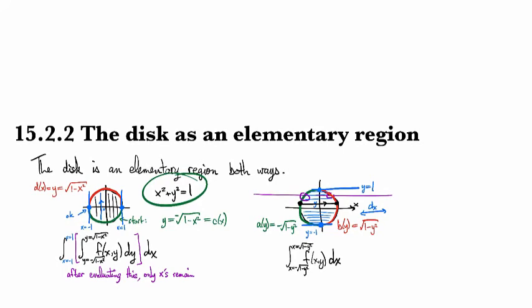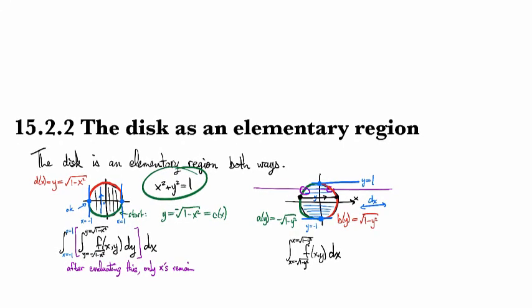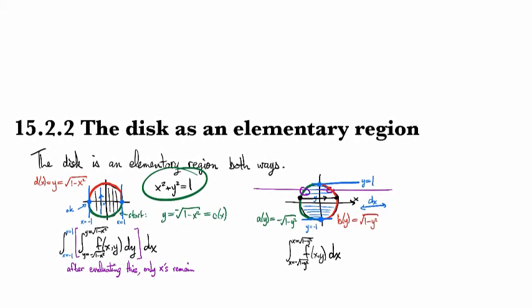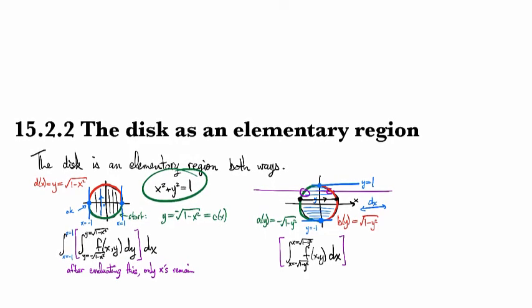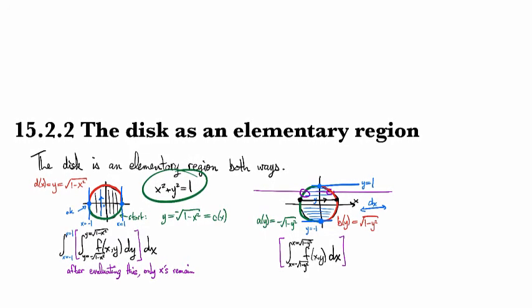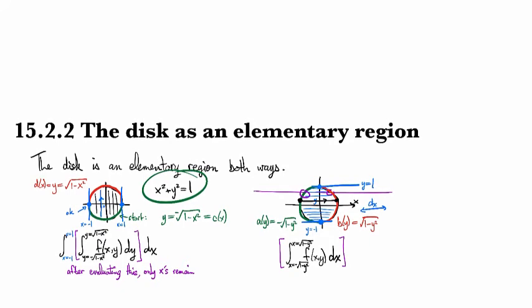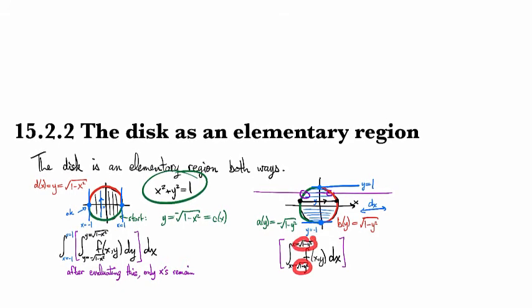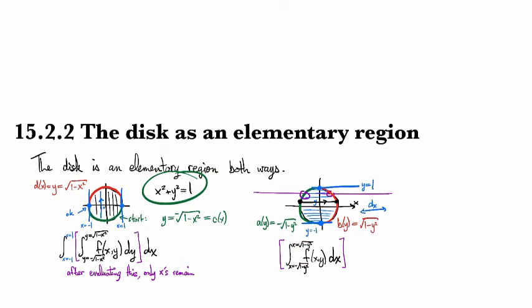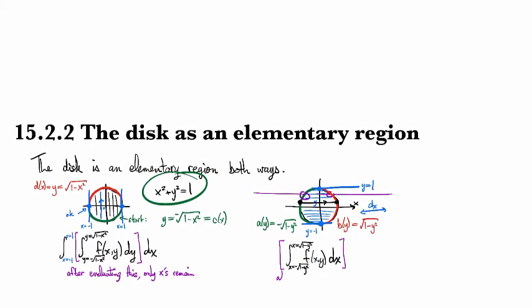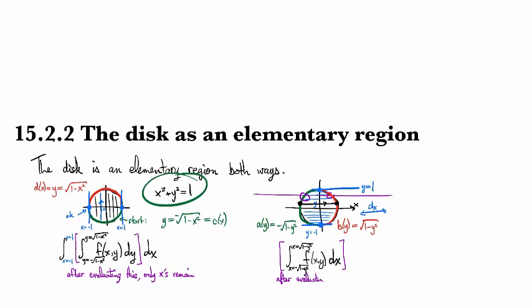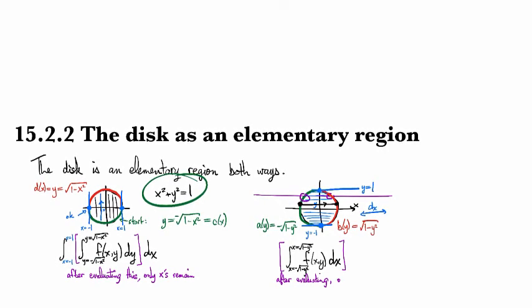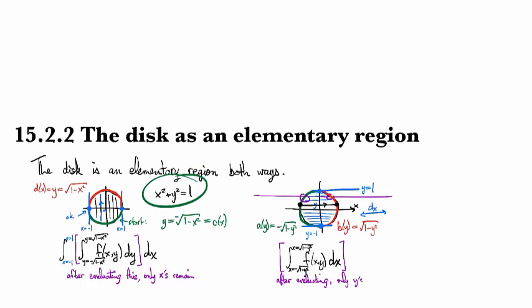Okay, and then once we've done that, just looking at this algebraically, once again, this expression right here, if we integrate with respect to x and then evaluate x at these expressions that have no x's in them, then by the time we're done, after evaluating, only y's remain.